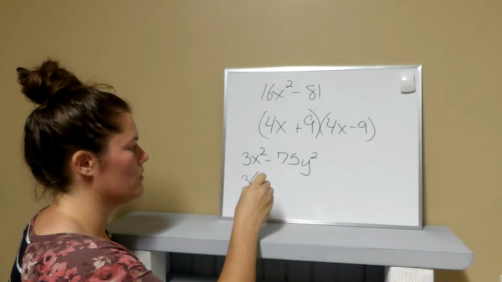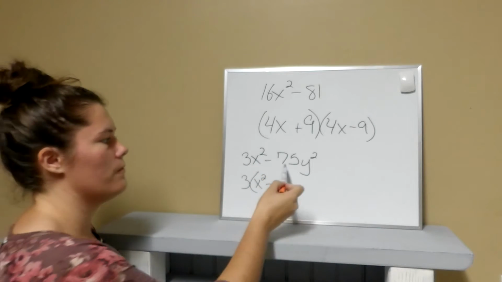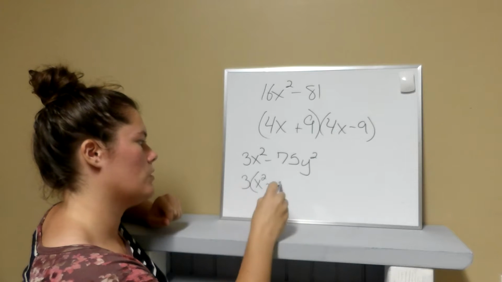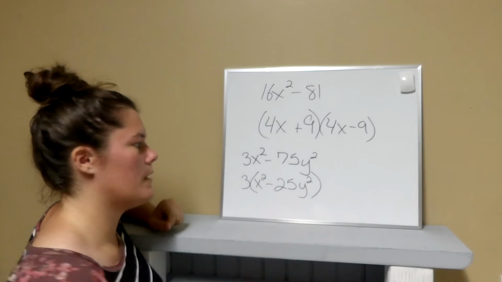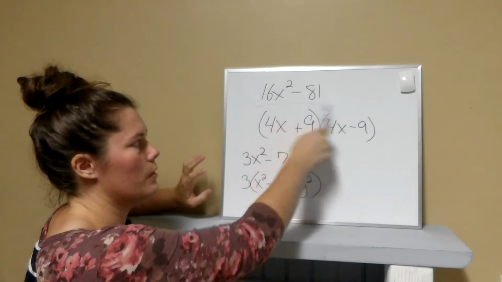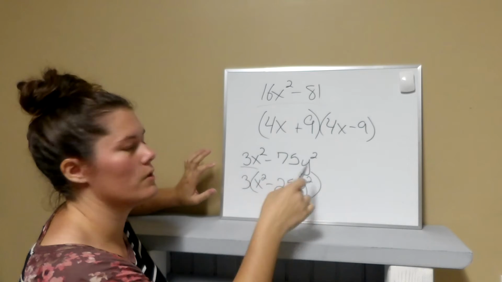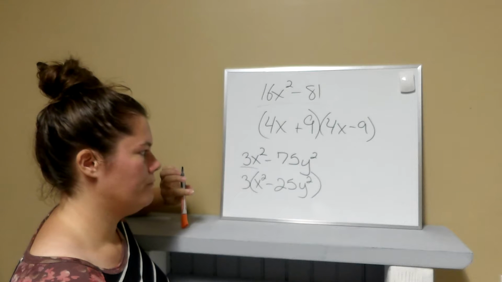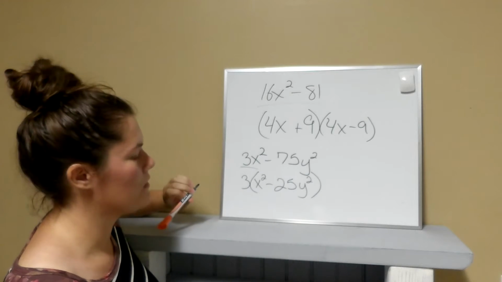So you'd have x squared minus, and then you would have to figure out what 75 is divisible by to get 3, which is 25y squared. And that is how you would factor this without it being perfect square numbers. You'd have to figure out what number you can take out, a common factoring number. So this is what you would do for that.